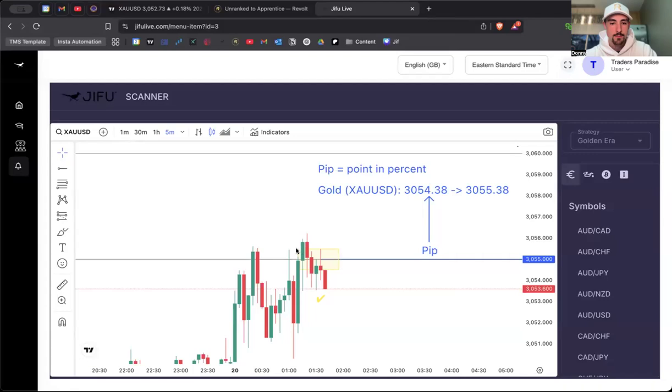Save this in the chat or open it up in your browser and then save it. I'll drop it in the chat a couple of times here. You'll want to watch that video because it shows you exactly how to use proper risk management and calculate your lot size so that you're risking exactly a specific dollar or percentage amount on your specific account.